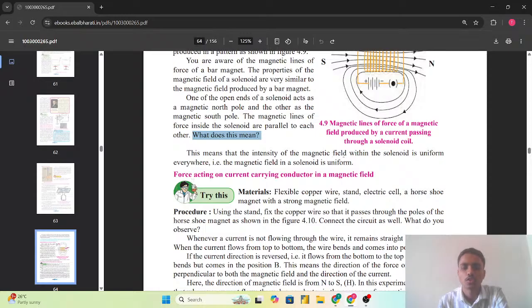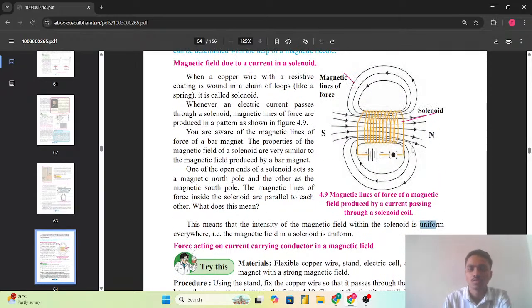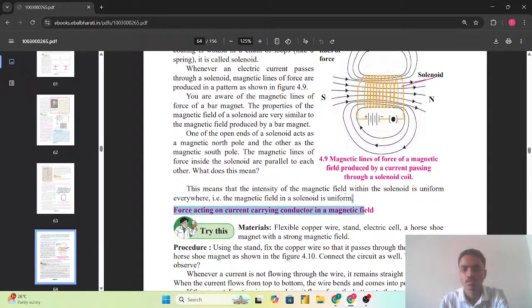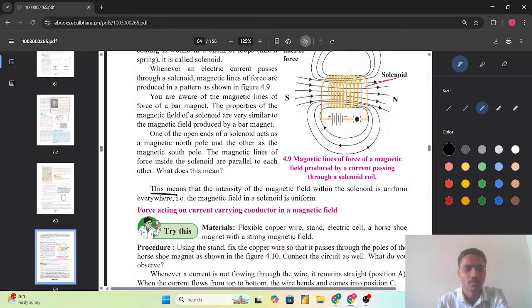This means that the intensity of the magnetic field within the solenoid is uniform everywhere. This question is asked in the exam many times in the complete the following activity: the magnetic field in the solenoid is uniform.